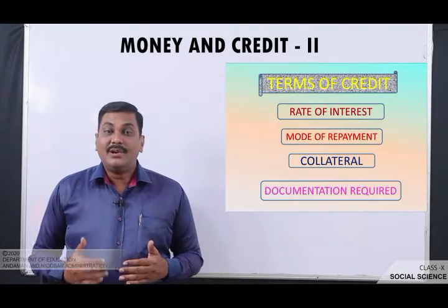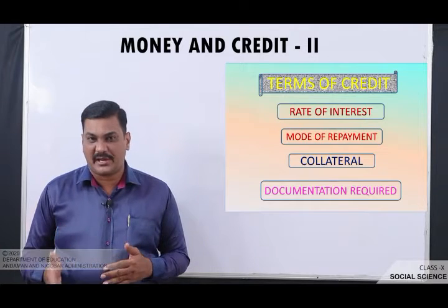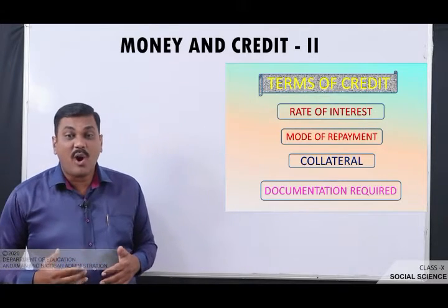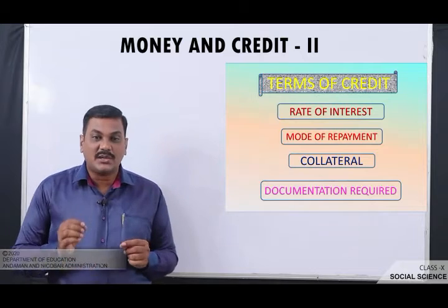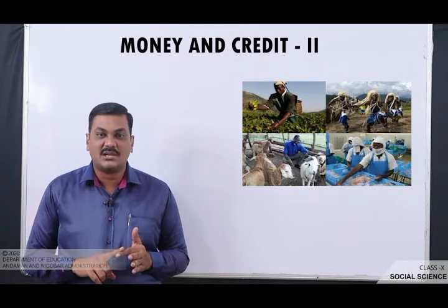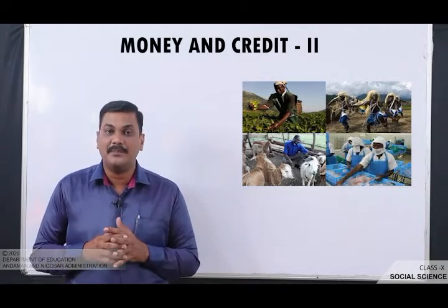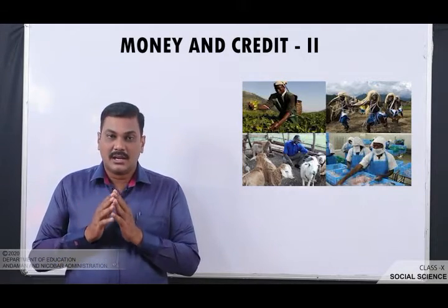So children, what are the terms of credit? In the rural areas, the main demand for credit is for crop production. Crop production involves considerable costs on seeds, fertilizers, pesticides, water, electricity, repair of equipment, etc. They need a loan.